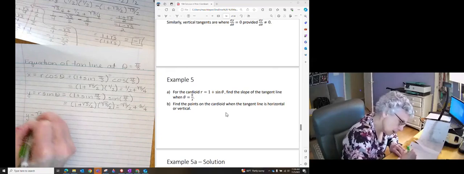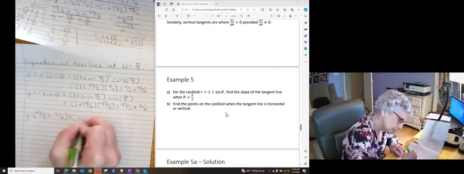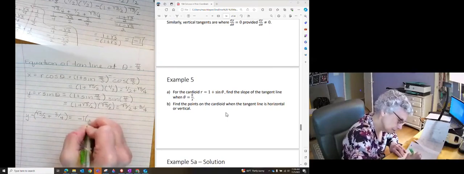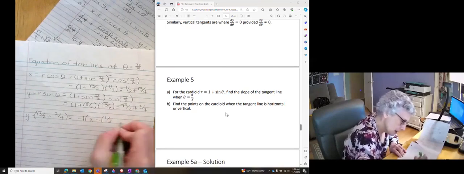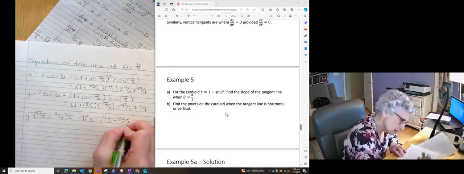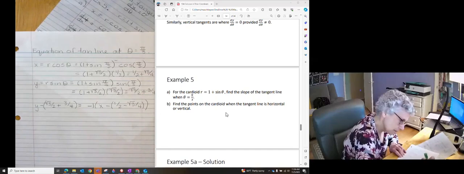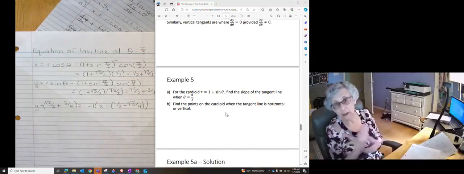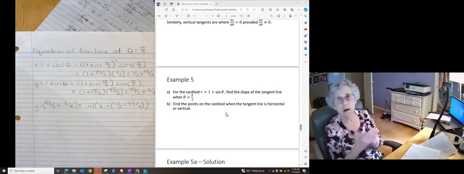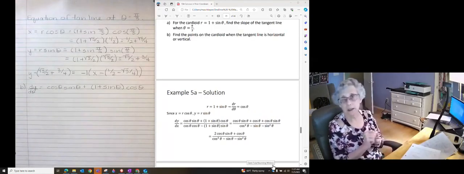So y minus my y coordinate is equal to slope negative 1 times x minus my x coordinate. So if you needed the equation of the tangent line, it's not hard. Once you have the derivative, just be sure you get your x and your y.